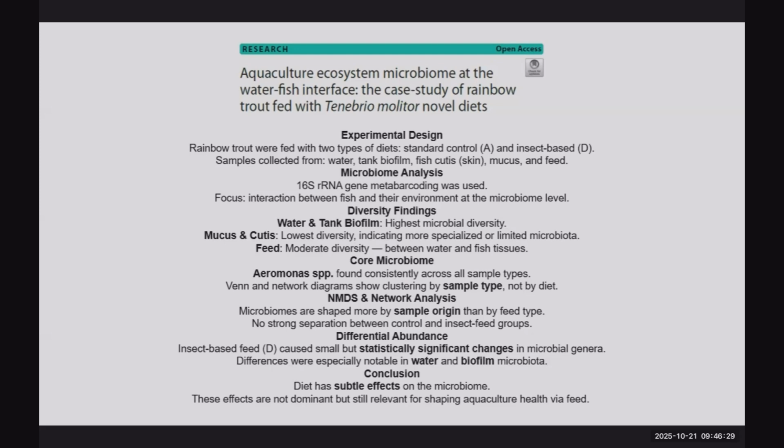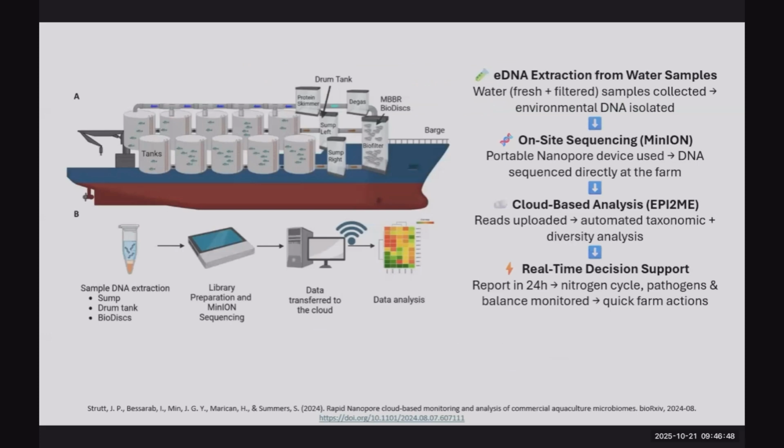What makes the study comprehensive is the broad sampling strategy. They didn't just focus on the fish gut. They also sampled from the tank water, biofilm, fish skin, intestinal mucosa, and even the feed itself. In terms of methodology, they used 16S rRNA gene sequence and whole genome sequence.